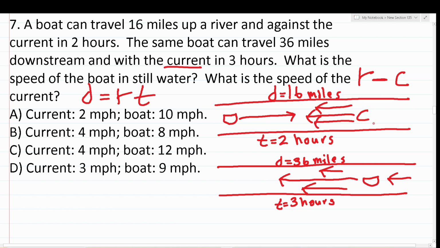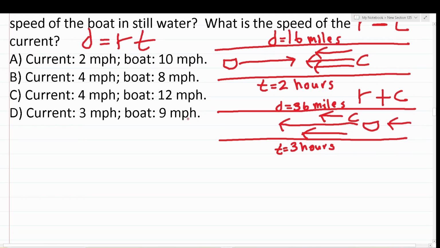All right. And in this case, we know that the boat is being helped by the current. So the speed of the boat, which is R, is being helped by the current, C. So we know that its speed is increasing. So this is going to be R plus C. So our new formula for distance, rate, and time has to account for this current, and it's going to look like this.